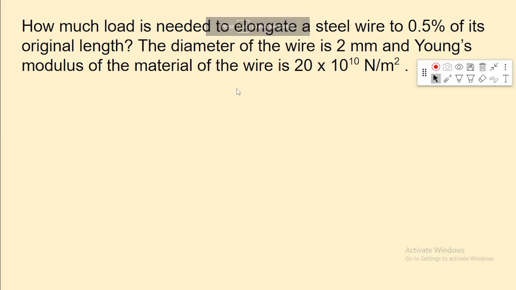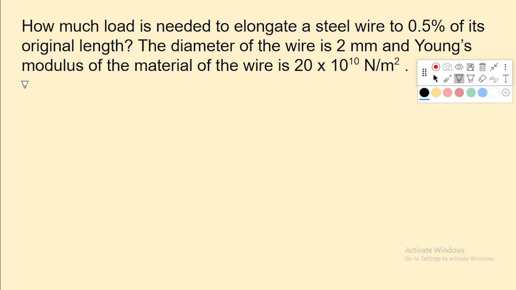So the next problem is, how much load is needed to elongate a steel wire to 0.5% of its original length? The diameter of the wire is 2 mm and Young's modulus of the material of the wire is 20 into 10 raised to 10 Newton per meter square. Okay, here we are asked to find the value of the load needed for a particular elongation.